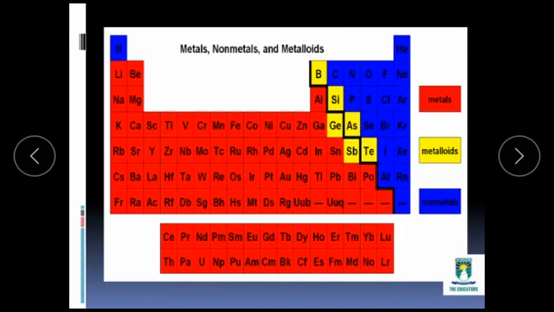Carbon, nitrogen, phosphorus, oxygen, sulfur, and most of the halogens are nonmetals. So carbon, nitrogen, oxygen, fluorine, neon, phosphorus, silicon, chlorine, and argon, majority of these are nonmetals, and these nonmetals exist as gases.